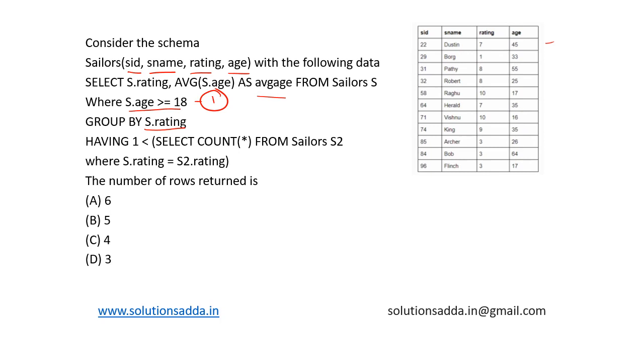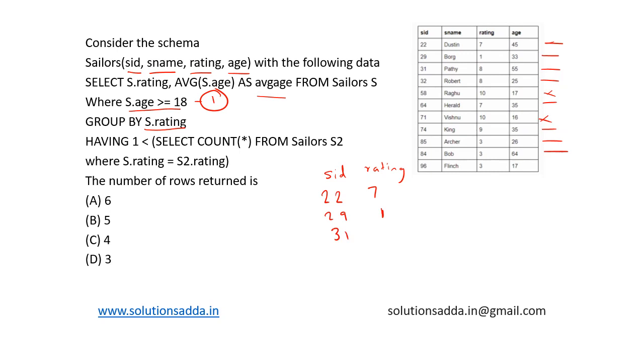So based on that, this row gets selected, this row would get selected, this row, this row. Since it is less than 18, it won't get selected. This would get selected, it won't get selected, this would get selected, this would get selected, and this would get selected. So for the sake of simplicity, I'm just writing the SID with rating. We will be having 22, 7, that is SID and rating. Then we have 29 and rating is 1.